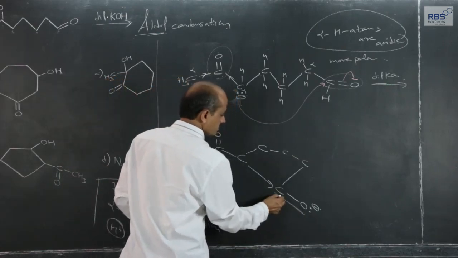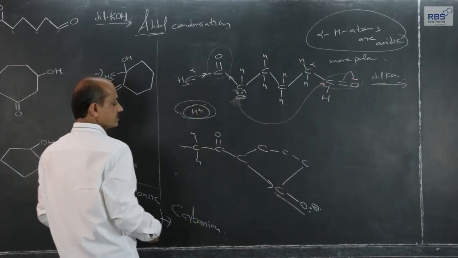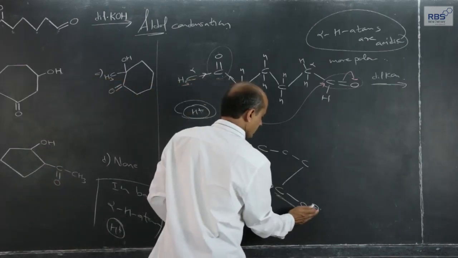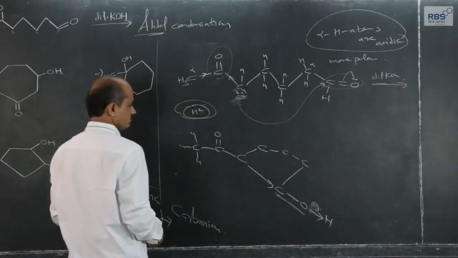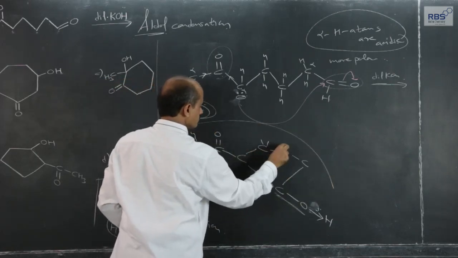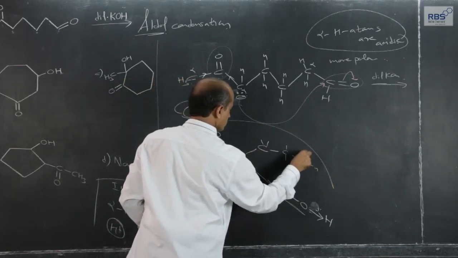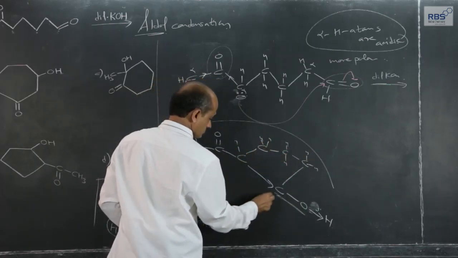Now, this is alkoxide, this will pull back the lost proton earlier and will get converted into alcohol. Remaining valencies are hydrogen.